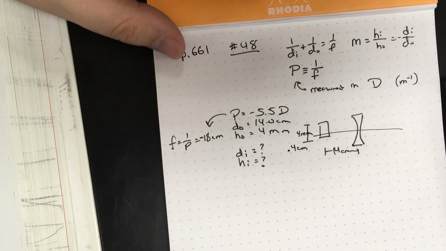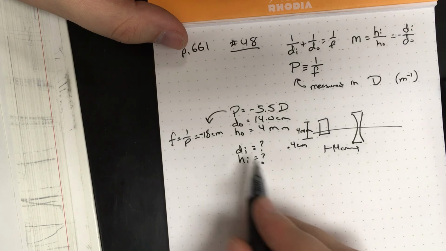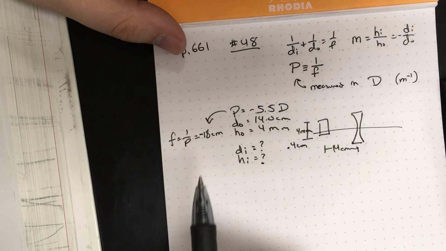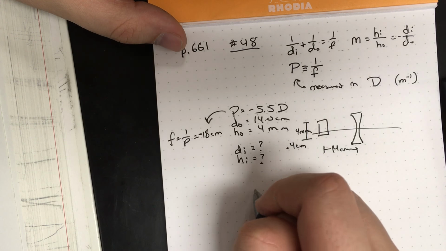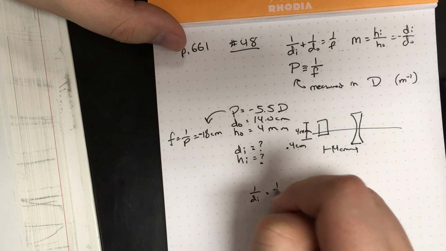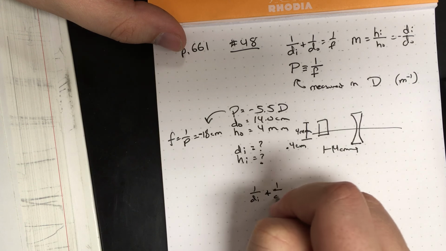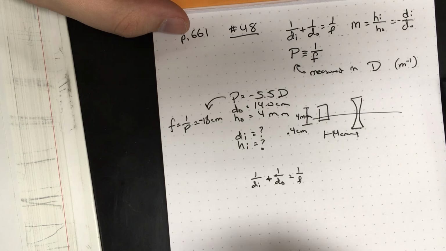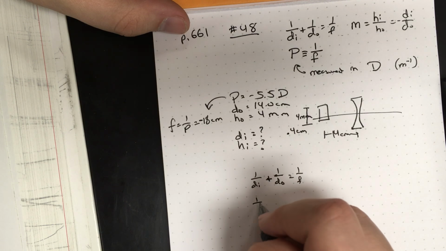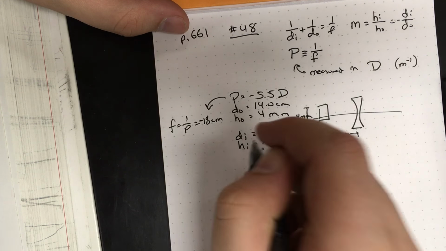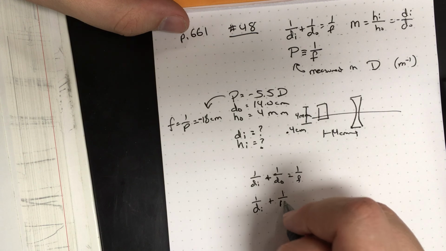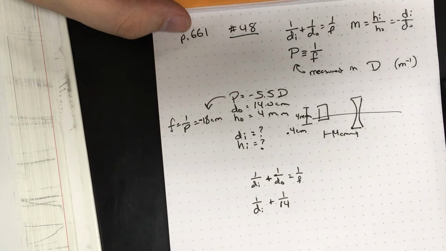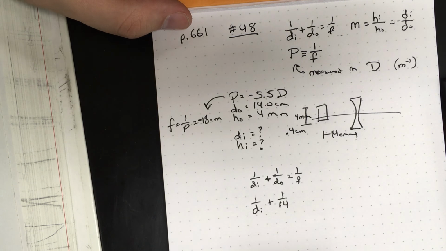All right, now we want to find di and hi. So let's try this equation. 1 over di plus 1 over do equals 1 over f. Then we've got 1 over di, which is what I don't know, plus 1 over do, which is 14 centimeters. As long as everything's in the same unit, you don't have to convert.